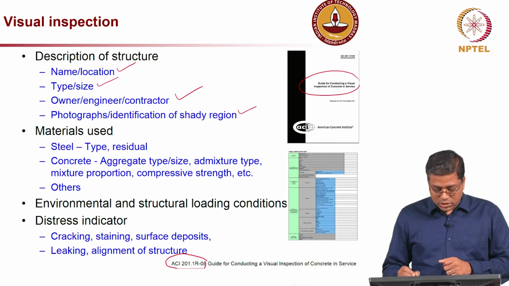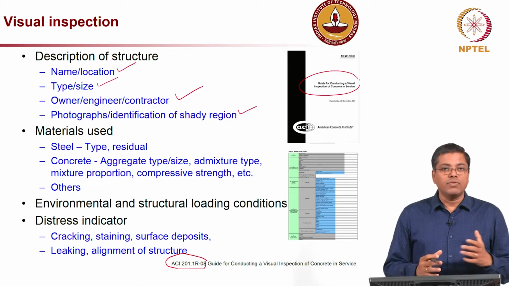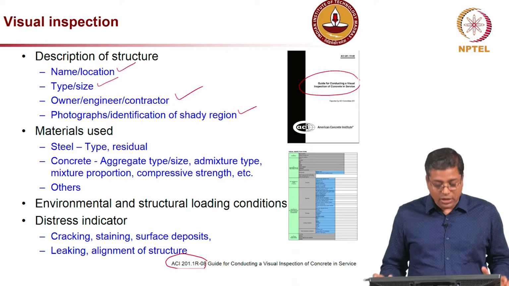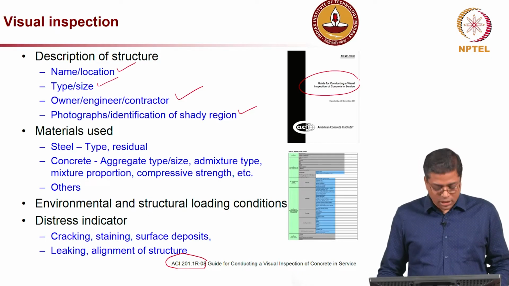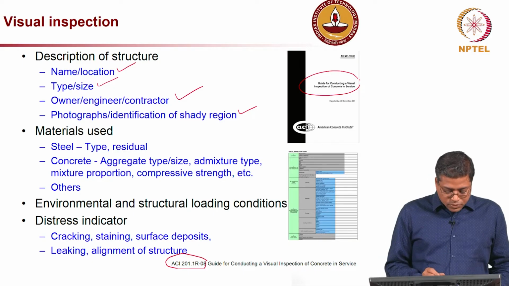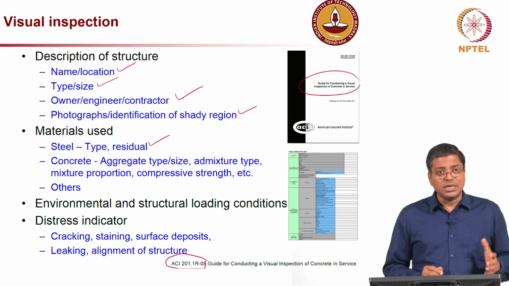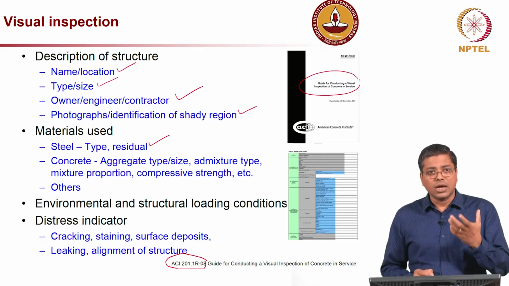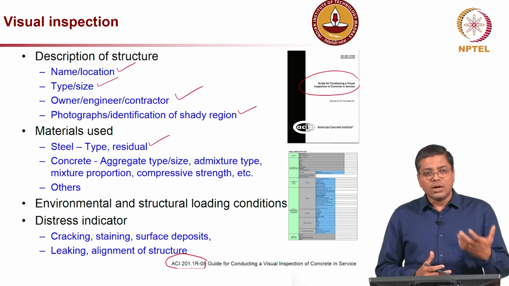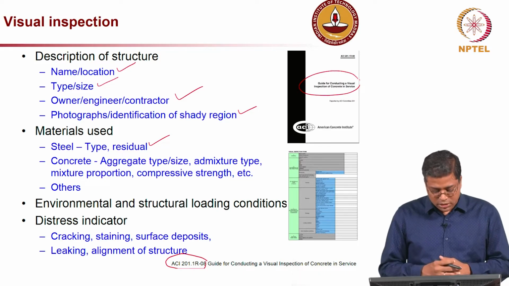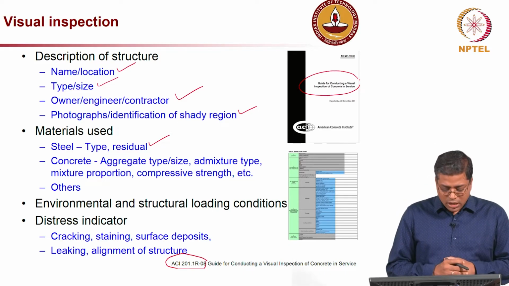And then photos and identification of specific regions in the structure which are experiencing distress, and also information on what type of material is used: steel, even the type of steel, whether the steel is already corroded, what the possible residual strength is, or how much steel has corroded.